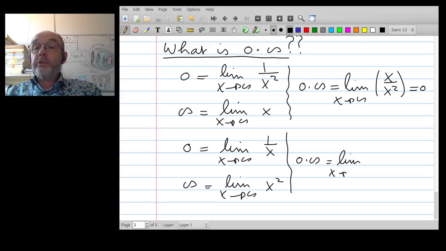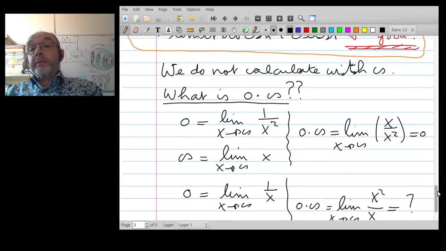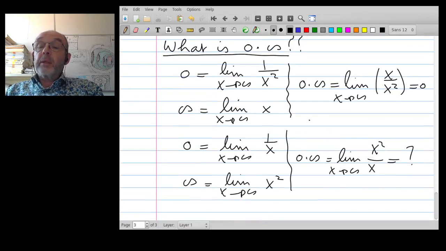Now if we use the same rules, we get the limit from x going to infinity of x squared divided by x. And what gives you that? So be careful. And for the same, you can have 1 divided by x and x, and you get 1 out of it.